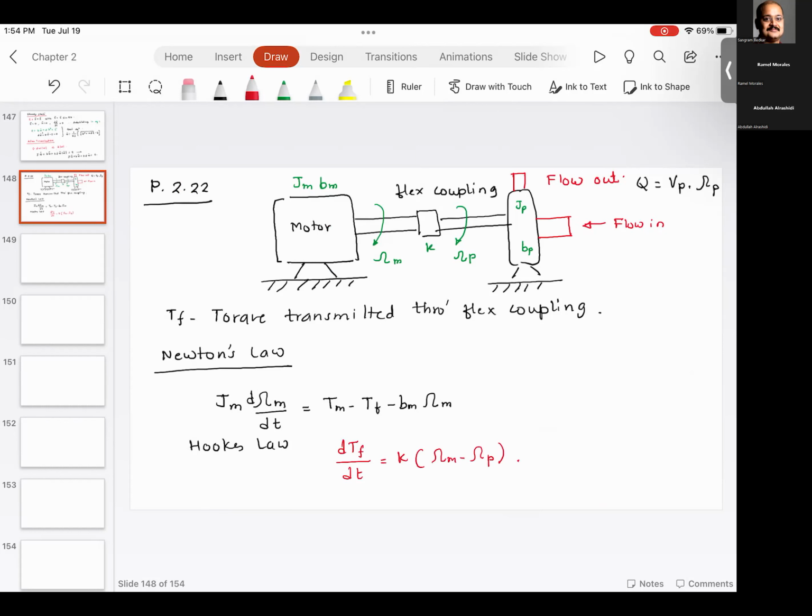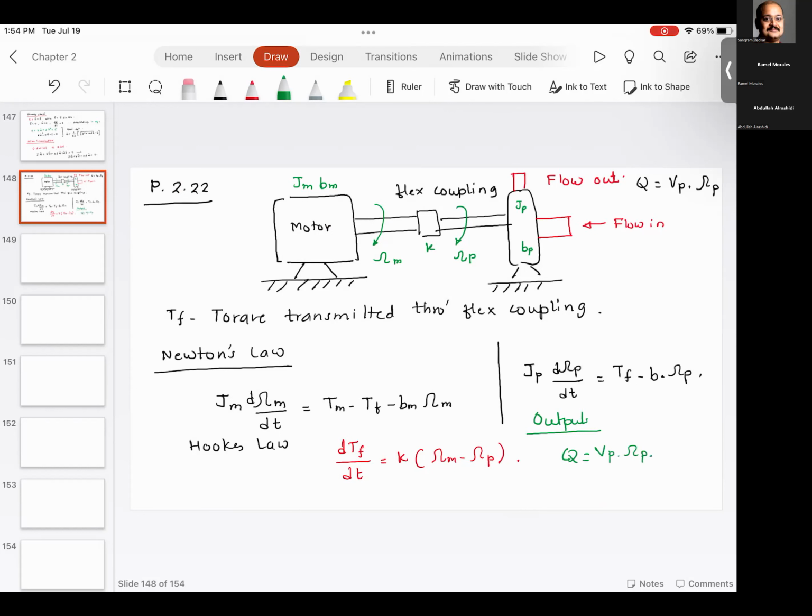And Newton's second law. And the output equation, which is for the flow output, is Q is equal to Vp times capital omega P.